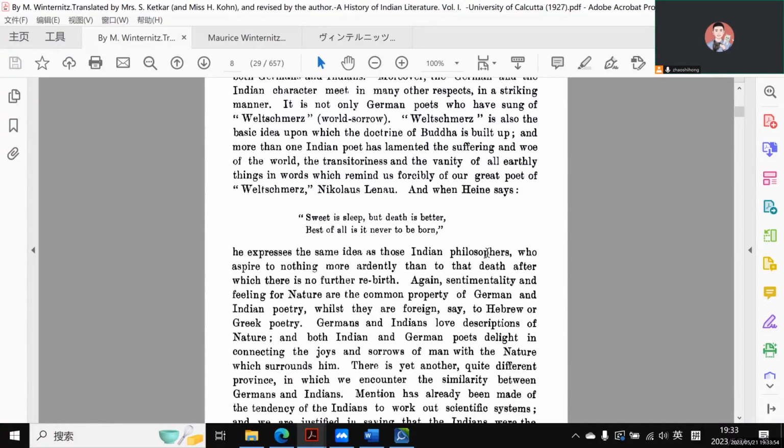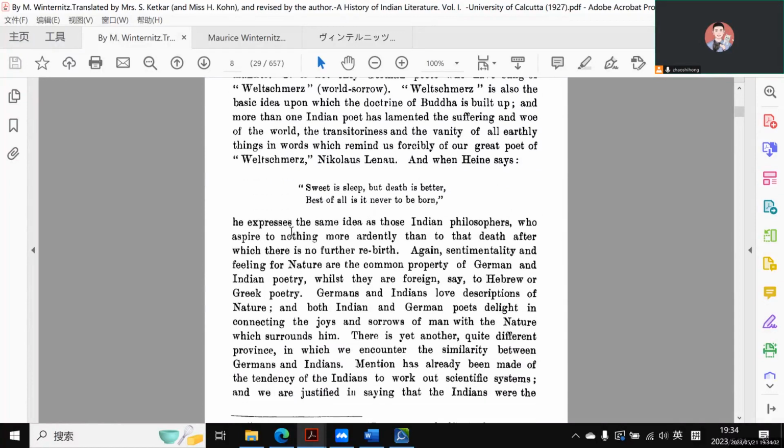And when Heine says, "Sweet is sleep, but death is better. Best of all is it never to be born." He expresses the same idea as those Indian philosophers who aspire to nothing more ardently than to that death after which there is no further rebirth.